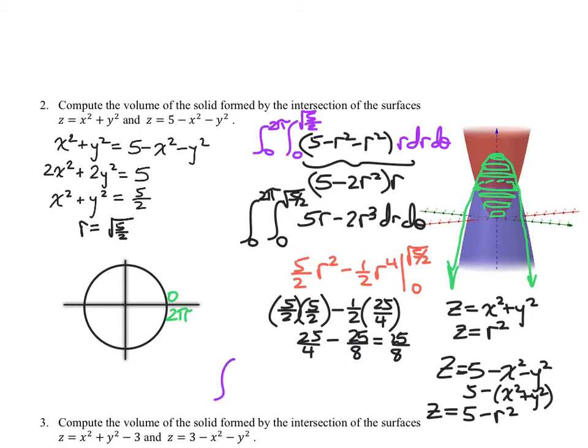Then I'm just dealing with a single integral going from 0 to 2 pi of 25 over 8 d theta. Well, that's just 25 theta over 8 on the interval of 0 to 2 pi. And so that's going to be 50 pi over 8, which would then be 25 pi over 4.